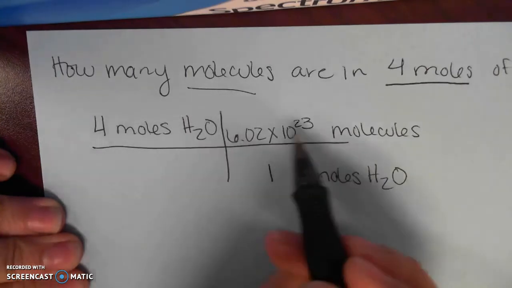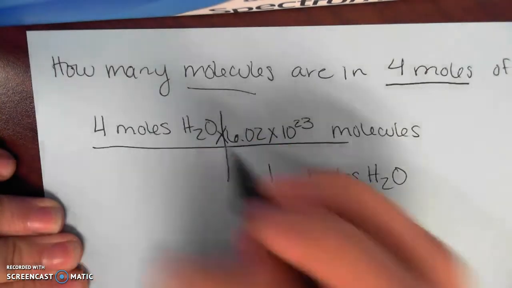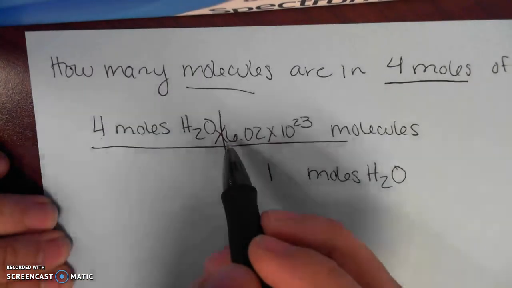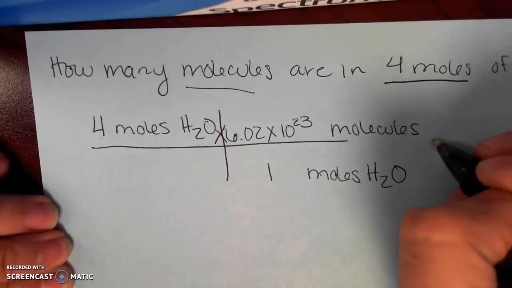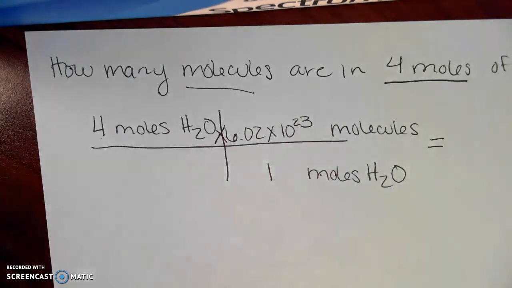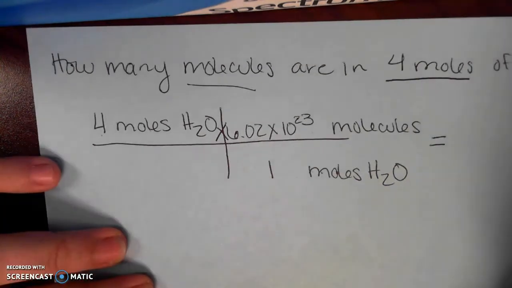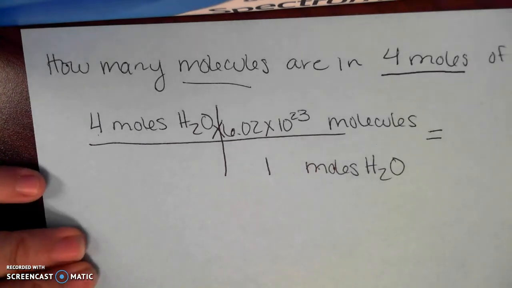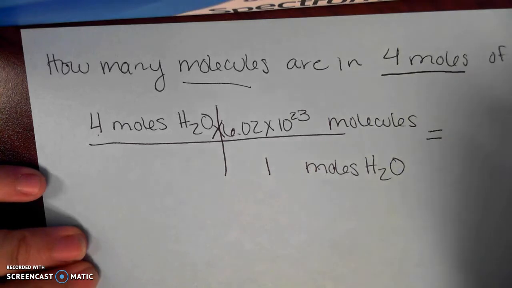Because these two numbers are next to each other, what do we do with them? We're going to multiply. So your answer is going to be 4 times 6.02 times 10 to the 23rd molecules. You want to put it in your scientific calculator, which I don't have, so I can't show you that.